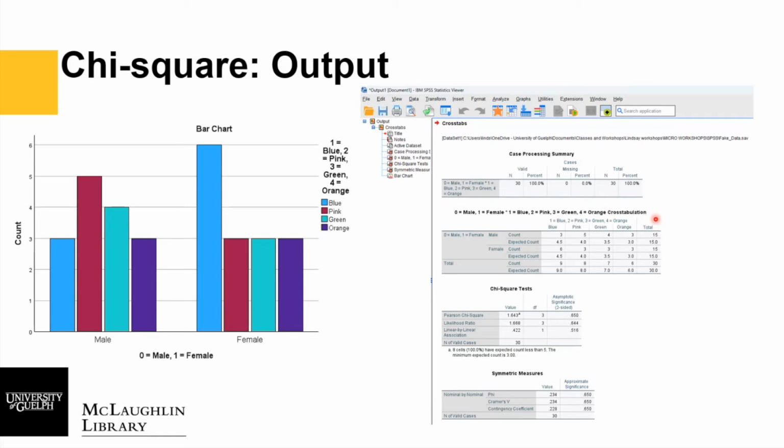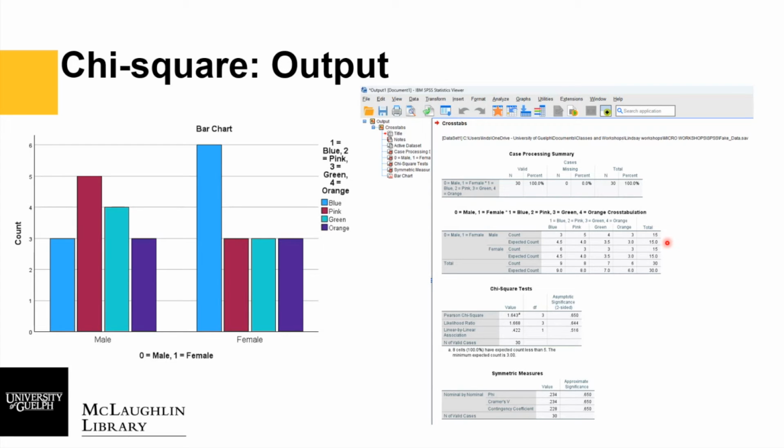This is your cross tabulation table. So this will give you your counts. So how many participants said they were male and liked blue? How many participants said they were male and said they liked pink? How many participants said they were male and liked green? How many participants said they were male and liked orange? So it gives you the actual counts of who said what.